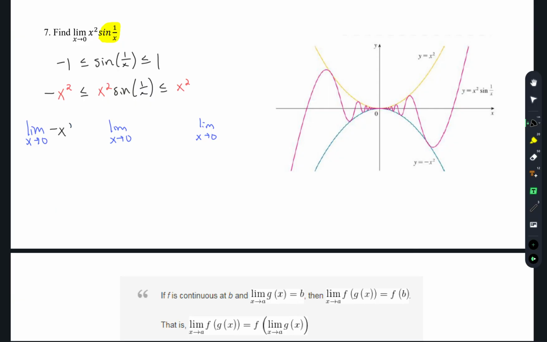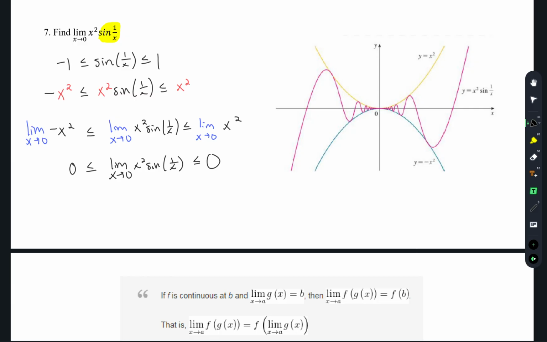So we had -x squared less than or equal to the original, the OG, and then we have x squared. And then what happens is you evaluate the ends. Because you're plugging in 0, you get 0 less than or equal to 0. And you're like, okay, it has to be between 0 and 0.